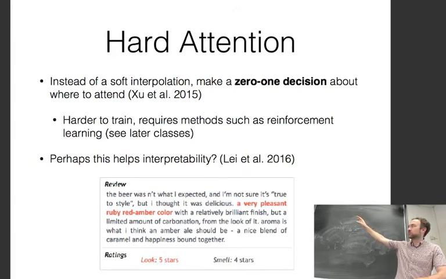So this is a beer review where it tries to predict the look of the beer, and it says a very pleasant ruby red amber color, and this was used to predict the look. So even if hard attentional models haven't given a huge gain in many standard tasks, it's still pretty useful here.